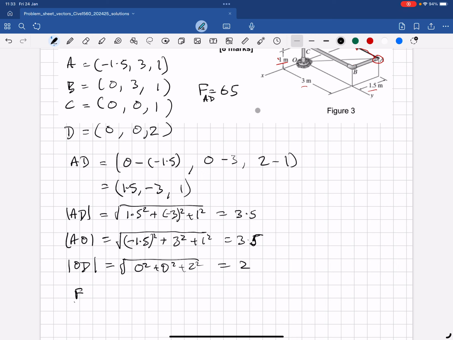If we want to write the force as a vector, remember what this is. This is going to be the force divided by the magnitude, so a unit vector, times the vector.